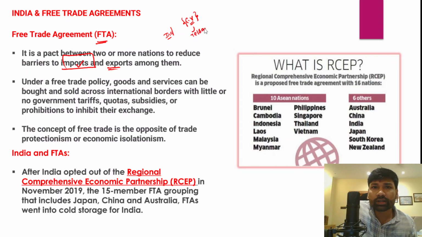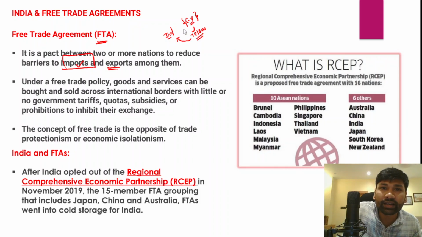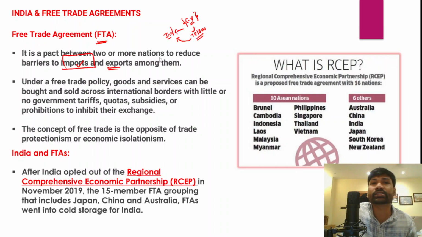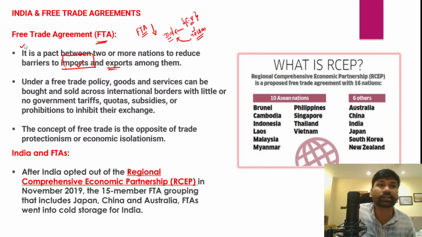This company must pay customs duty, must pay higher taxes. Only then can Tesla export its electric vehicles into India. But on the other hand, if we have a free trade agreement, these duties and tariffs would be substantially declined, so that would allow a free flow of goods into one another's country. That is a pact or an agreement that comes as part of the free trade agreement.